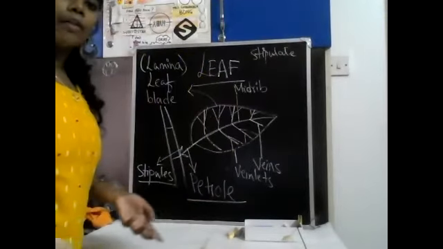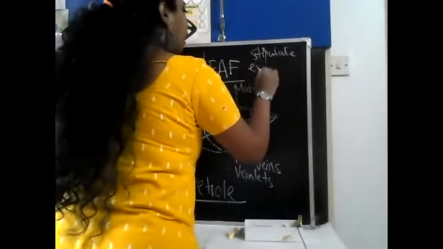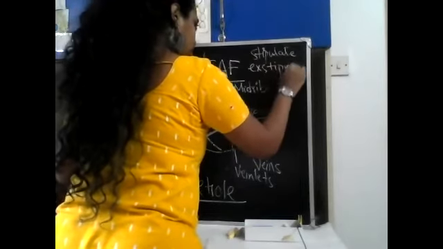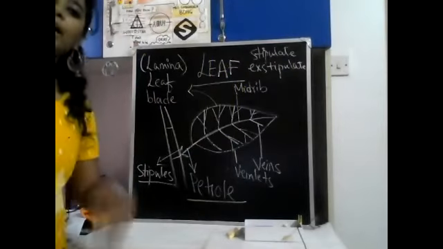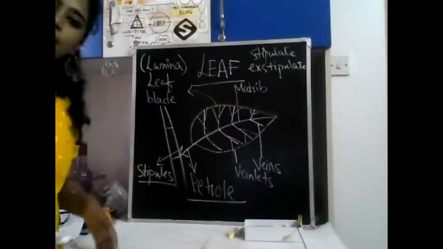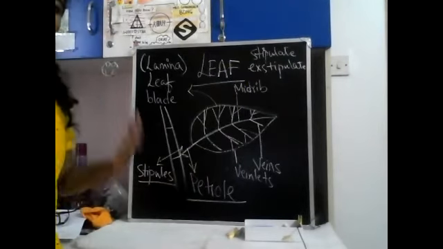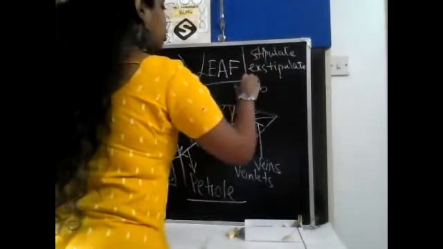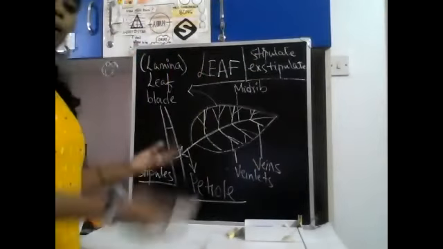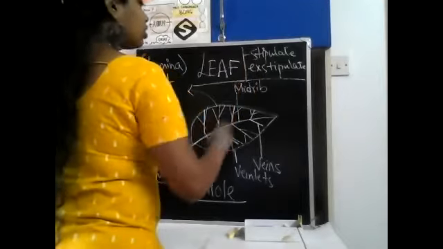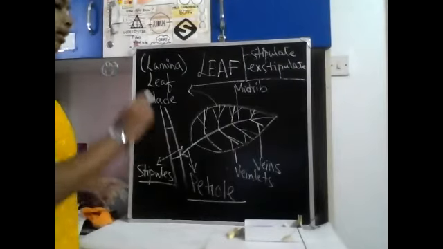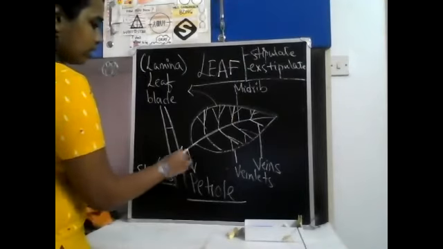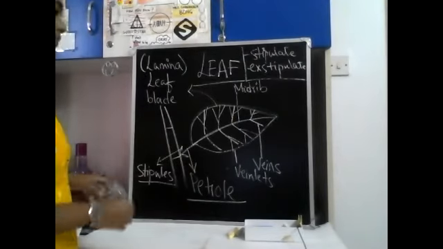If it doesn't have stipules, it is called an exstipulate plant. We're studying all these features so that you can identify different plants using these characters and you can classify them. That is why you need to know the different parts and different types of these parts. So you've got exstipulate and stipulate based on the presence or the absence of stipules, which are tiny leaf-like structures present at the petiole base.